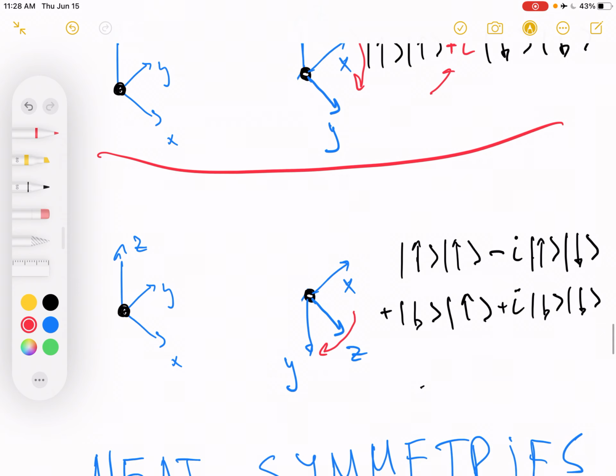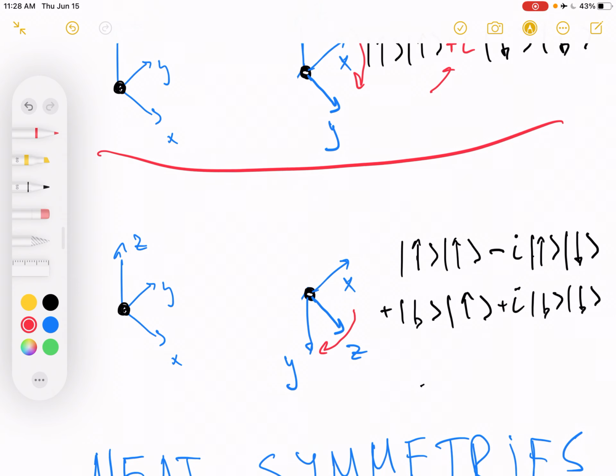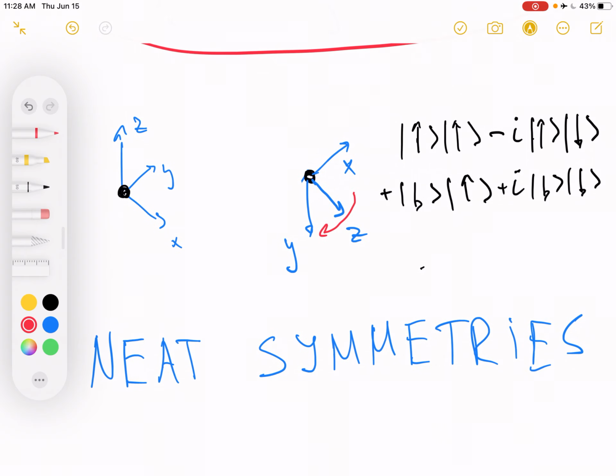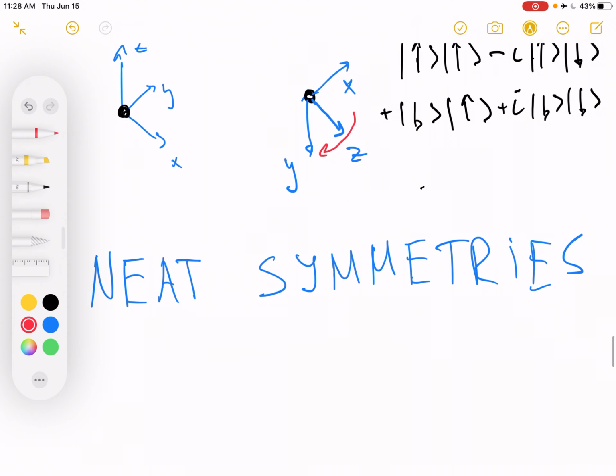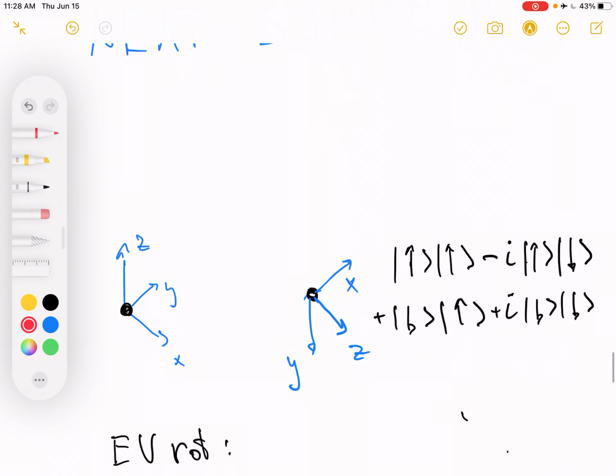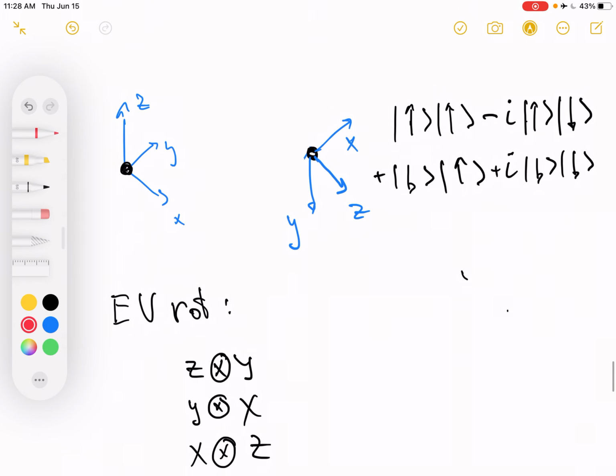So what is interesting with this formalism is that it highlights very nicely the neat symmetries of entanglement and non-entanglement. For example, we have an arbitrary state: up, up, minus i, up, down, plus down, up, plus i, down, down. It's an arbitrary maximally entangled state, and it has its own representation in this formalism.